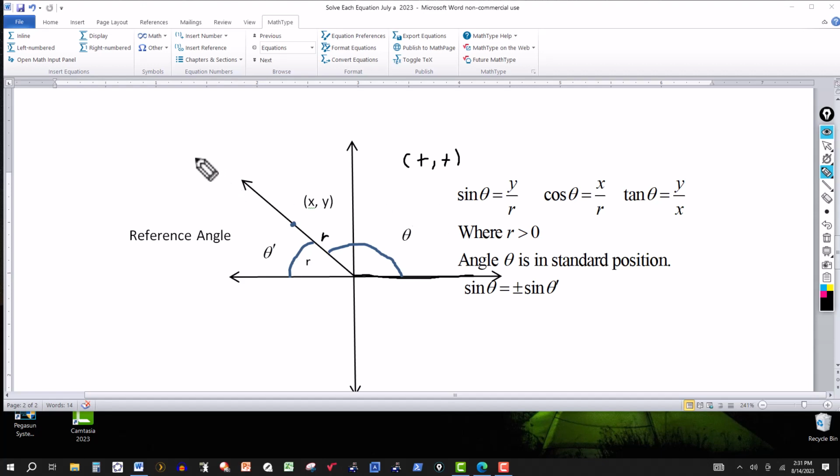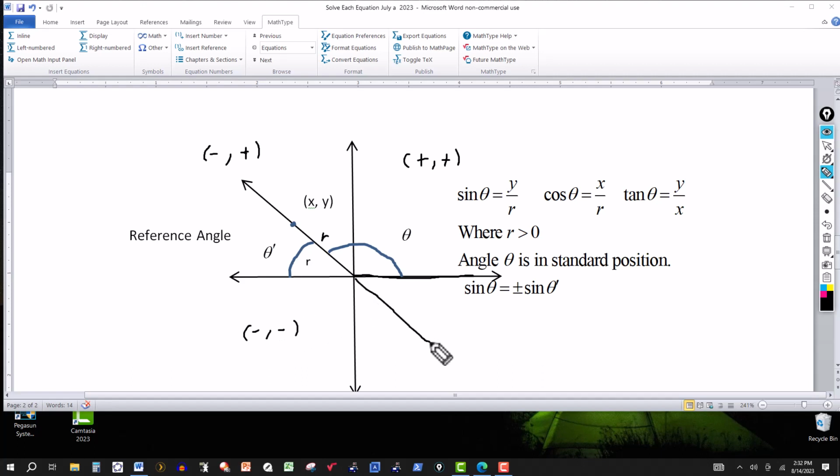Now over here in quadrant 2, we go to the left, so the first component is negative. If we're up here, this is positive. Now if the terminal side lies somewhere in quadrant 3, we go to the left, so the x is negative. We go down, so the y is negative.